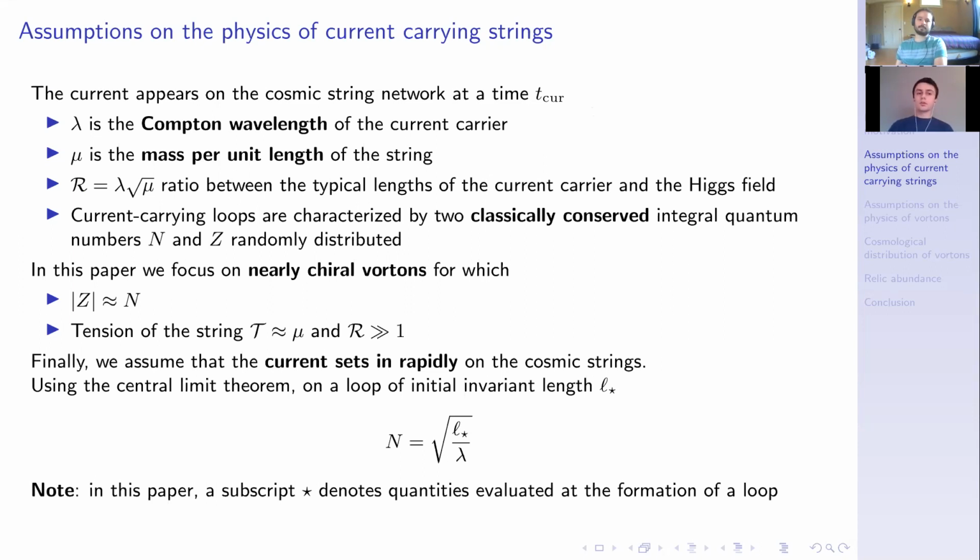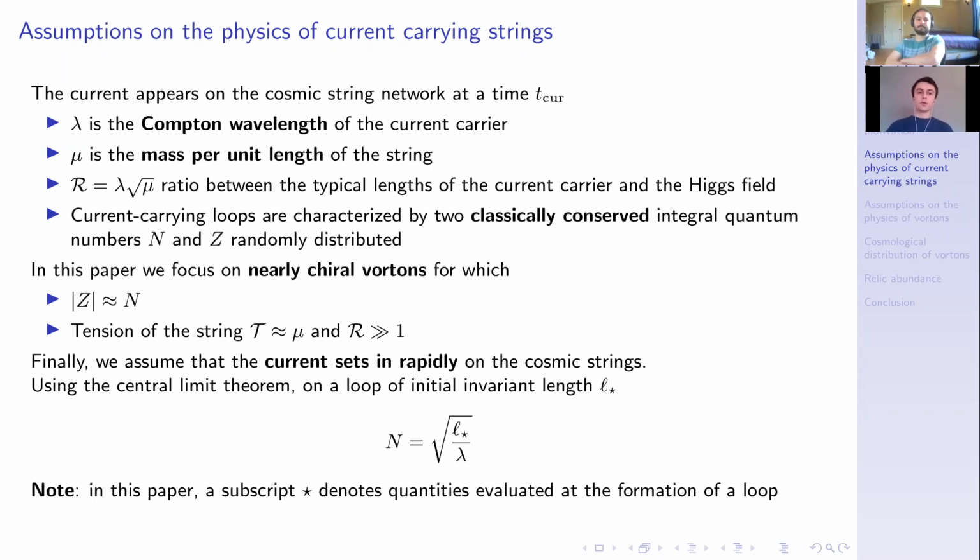And the parameters of our model are the Compton wavelength lambda of the current carrier, either your bosonic or fermionic field, and mu is the mass per unit length of the string that characterizes the energy scale of the first phase transition. And we called R in the following plots, basically the ratio between these two energy scales.